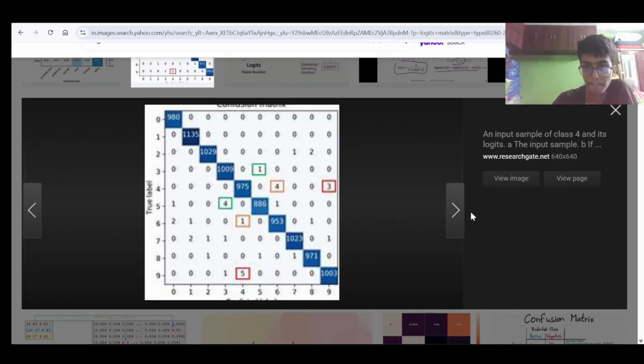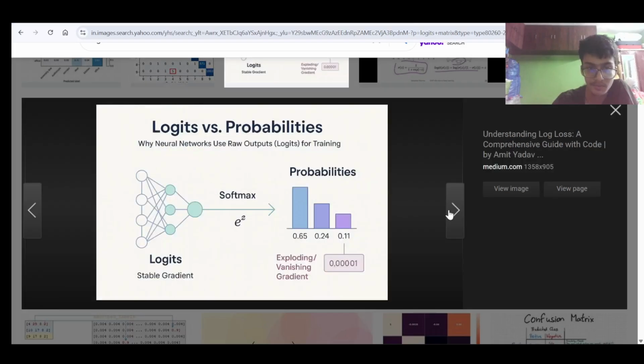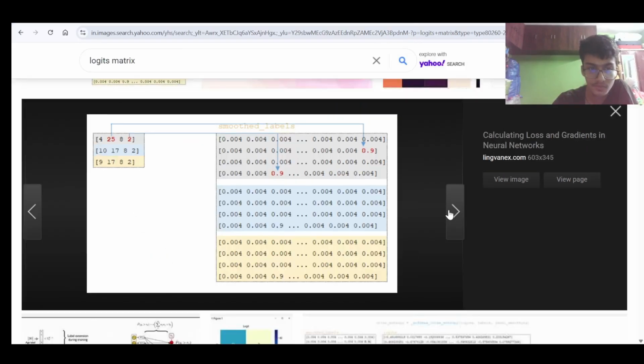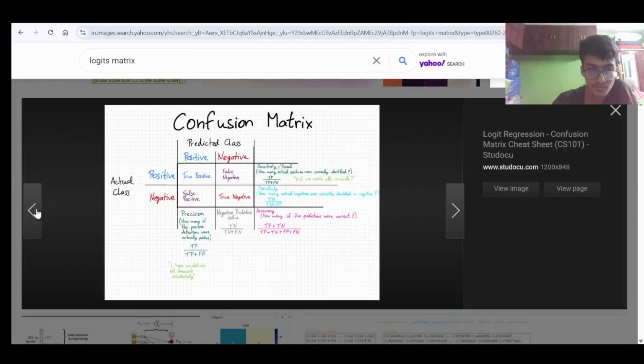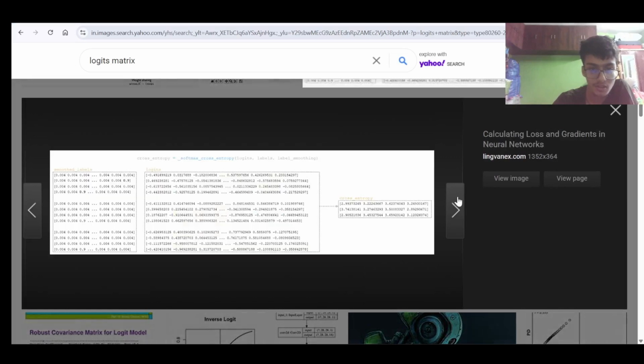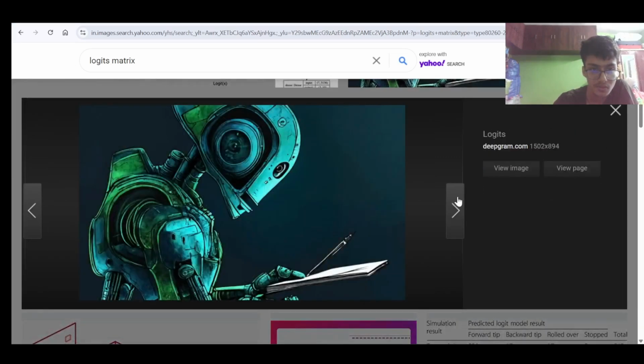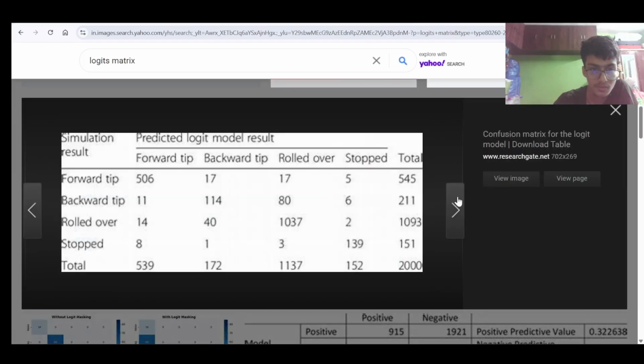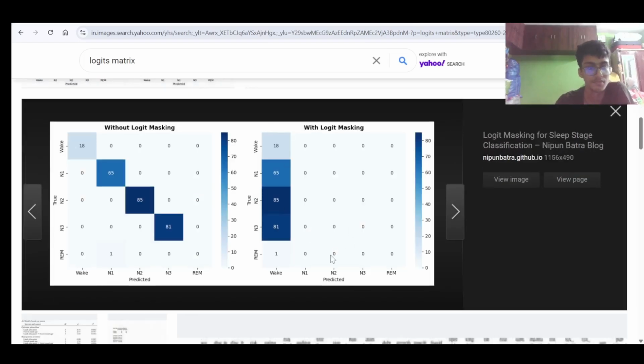So the logits matrix, you can see here, this is the input sequence length, and they are showing the relation between any two words. This shows the relation between the two words.